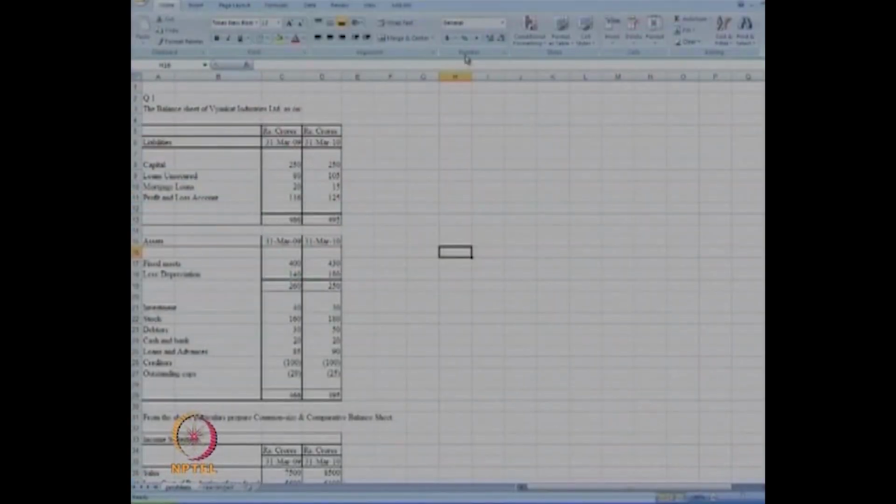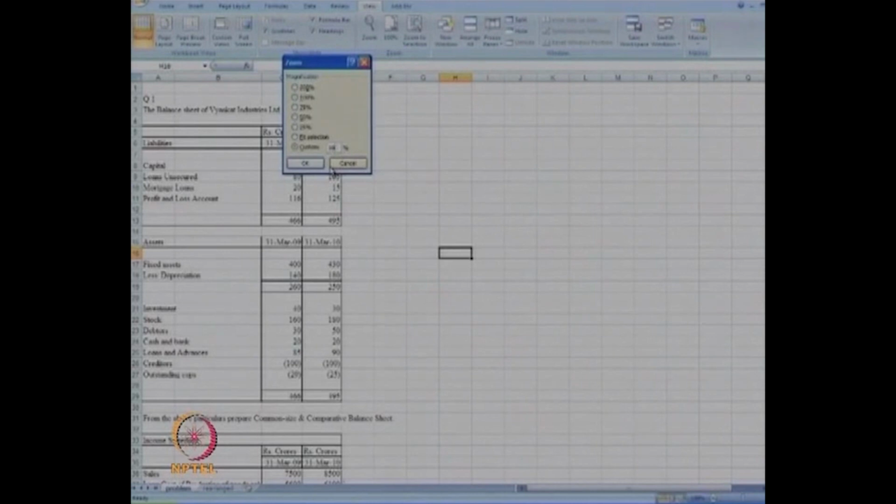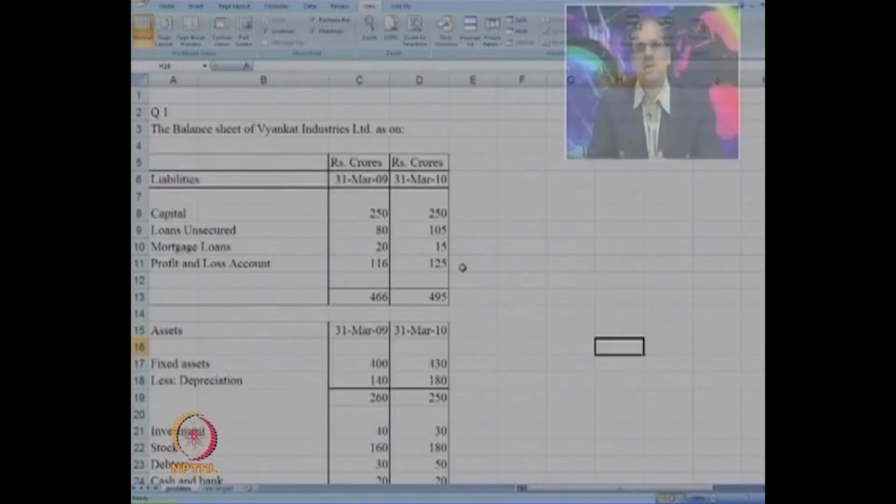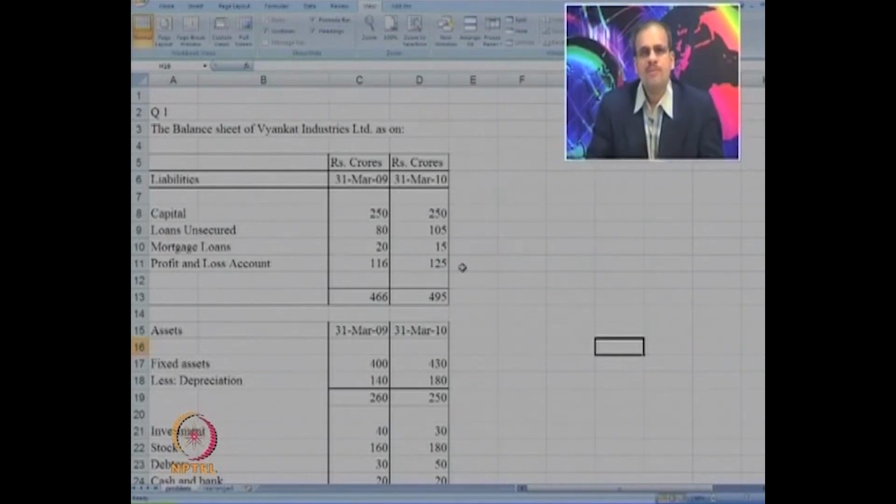So, here a data about a real life company Venkatesh Industry is presented. Of course, this is a raw data. Right now, I have also changed the name of the company, but it is very close to the real data. I hope it is clear now. So, the format of balance sheet is given and the data relates to year 9 and 10.